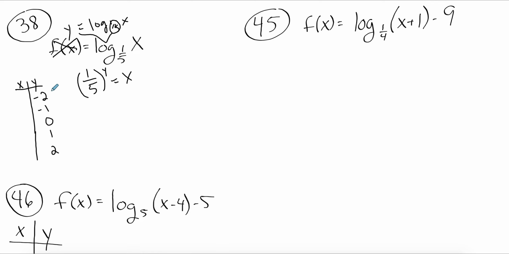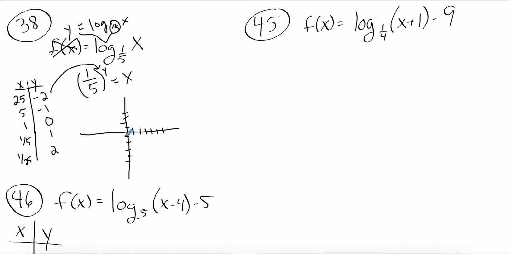Okay, so if you're plugging these into the y, 1/5 to the -2 is a 25, and then the -1 is a 5, 0 is a 1, 1 is 1/5, 2 is 1/25th, and that's where I got those numbers from.